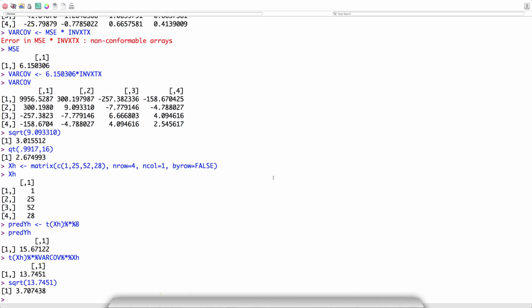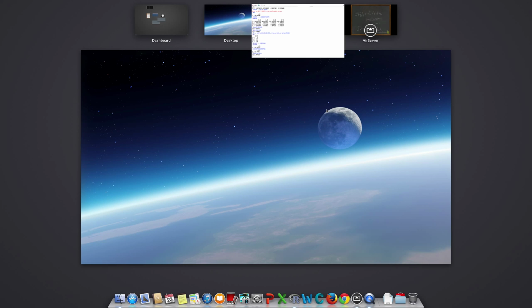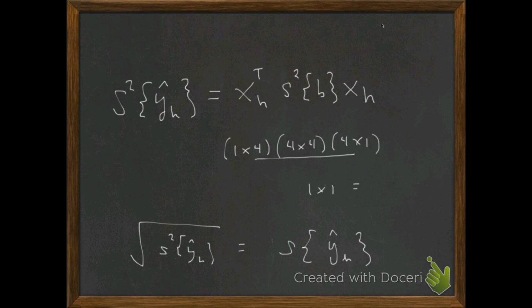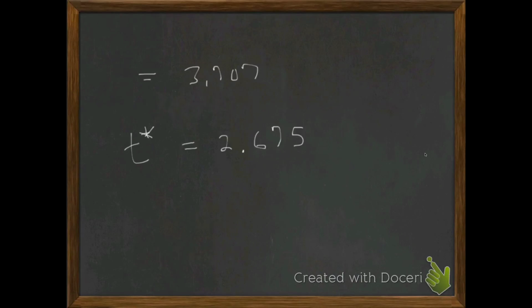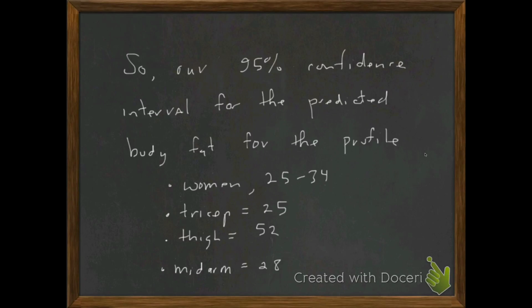I take the square root of that to get the standard error. So at the end of the day, I put all the numbers together. I have a 3.707 standard error. The T critical is 2.675, again from the Bonferroni estimate procedure.